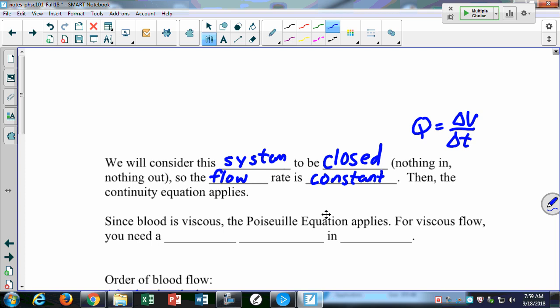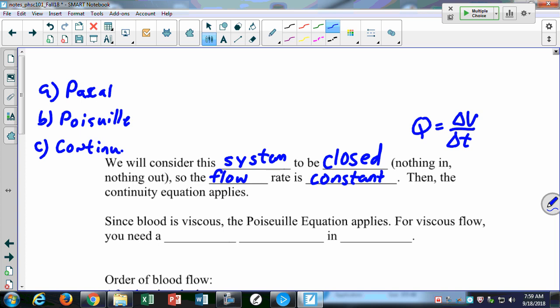Remember that this whole statement that we're saying, this brought about which of our equations? Let's do it as a clicker question. So we had several principles or equations. We had Pascal's principle. We had the Poiseuille equation. We had the equation of continuity. And we had the pressure at a certain depth, P equals rho gh. I think those were all the equations that we had.